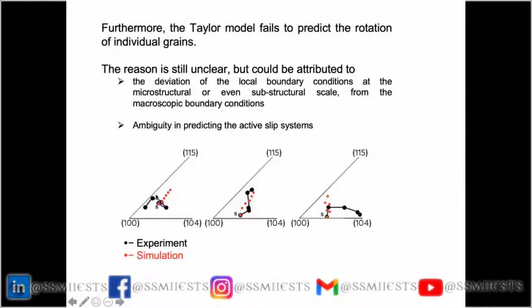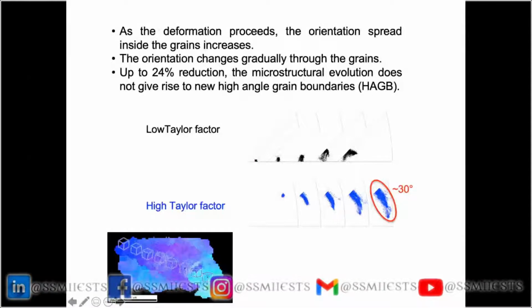For other grains, not at all. You see that here there is a big difference. Also here there is quite a difference. So there are many reasons why there may be some deviations. I'm not going into detail.